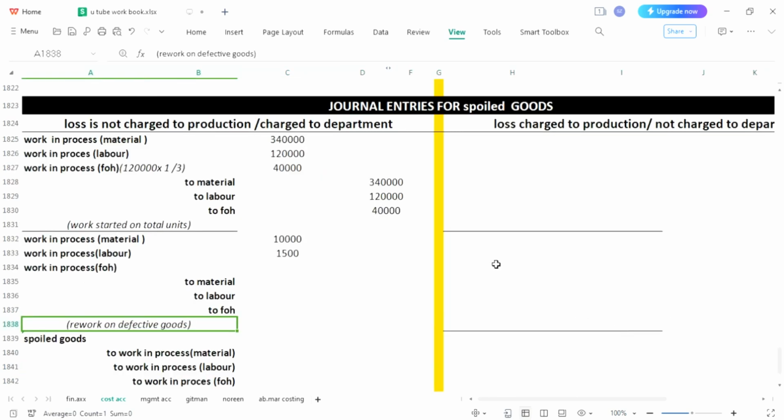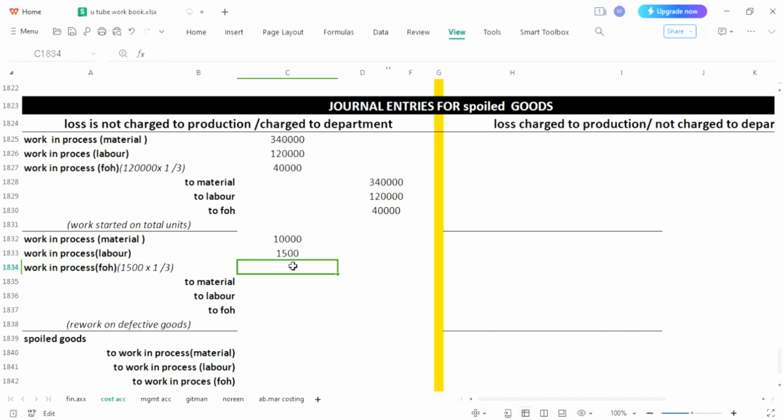One third, again, as you have calculated one third over here, in similar way you will also be calculating one third as well. Your labor cost is 1500 and you will take one third, multiply by 1 divided by 3, put over here. Statement is completed.